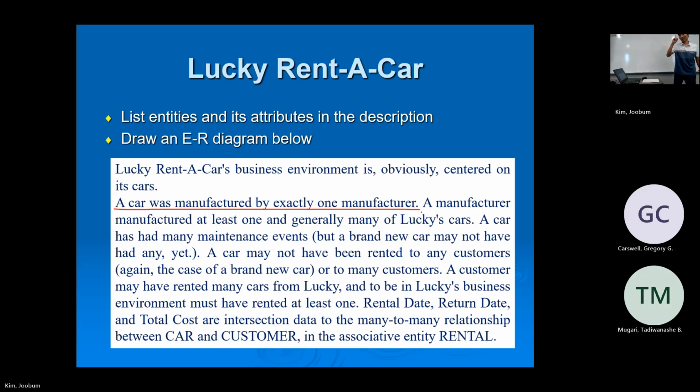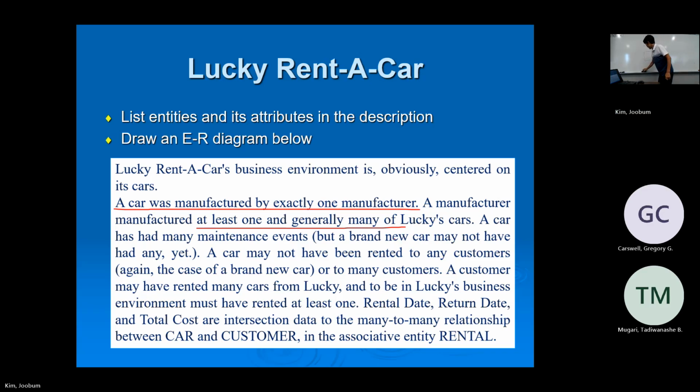One, okay? And then manufacturer manufactured at least one and many, which means the manufacturer has many cars. So simply we are able to draw the ER diagram like that.